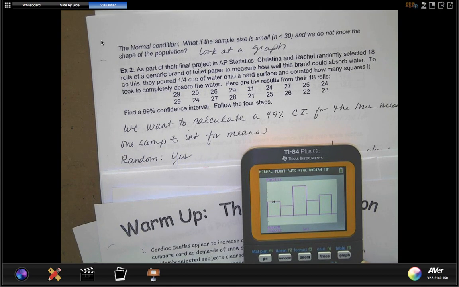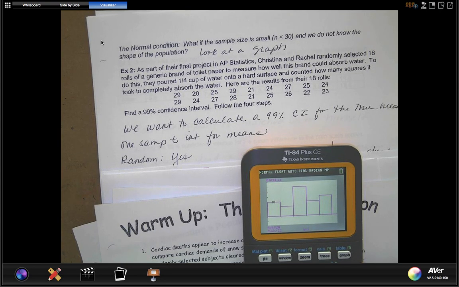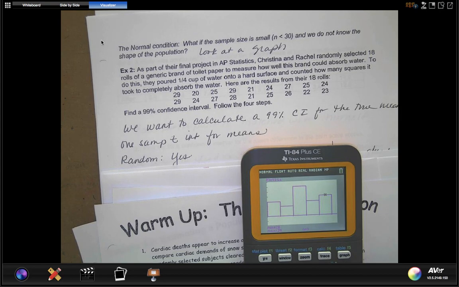All right. The key thing to note here, this is the sample. This is not the population. I just want to know, is there anything that concerns me about the sample that makes me think my population might not be normal? If I look at this picture right here of my sample data, I don't really see anything alarming.